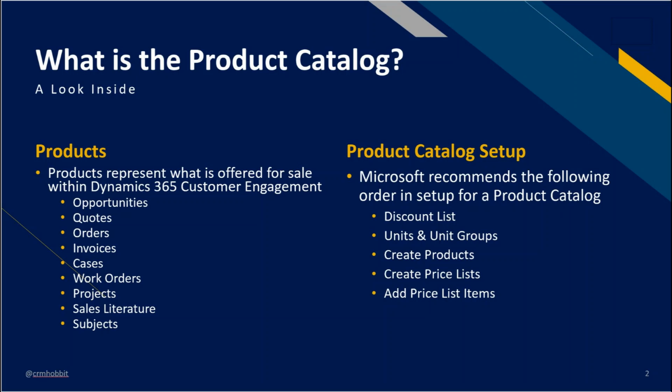You can see products or relationships to products on objects in Dynamics 365 customer engagement, such as opportunities, quotes, orders, invoices, cases, work orders, projects, sales literature, and subjects. Microsoft recommends a specific way to set up that product catalog in creating discount lists, which we'll talk about in a future episode, units and unit groups, which we'll talk about today, how to create products, and creating price lists, and then add those products to a price list via the price list item.